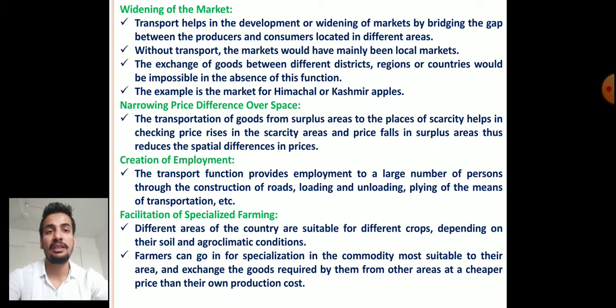So there is need of the transportation function. Through transportation function, we can narrow the price differences over a space. The transportation of goods from surplus areas to the places of scarcity, means where the production is not going on, helps in checking the price rise in the scarcity areas and price falls in the surplus areas.